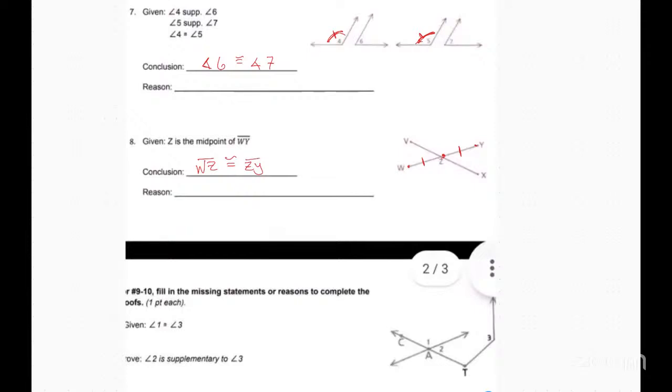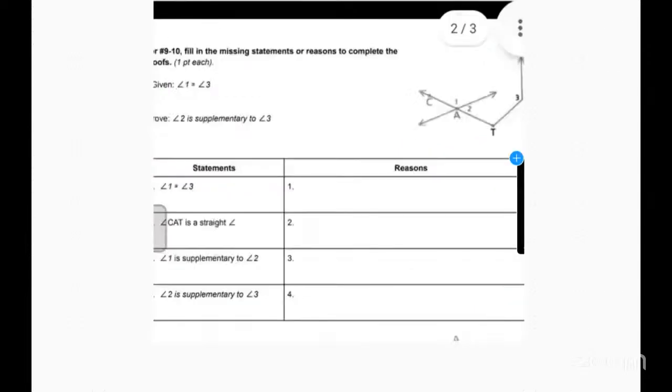That's what I would say. Again, I don't know what your teacher has taught you yet. I think it's called the definition of midpoint. I think that's what you're looking for there. Yes. Okay.